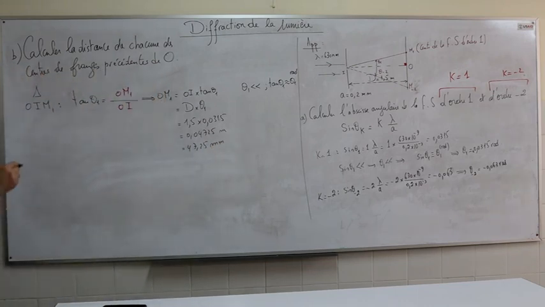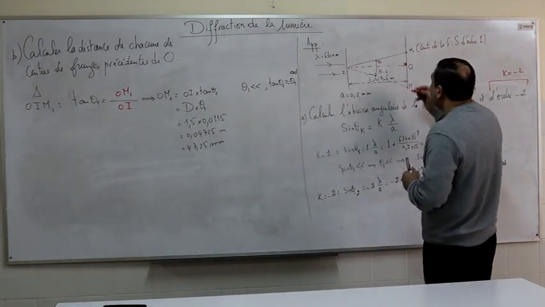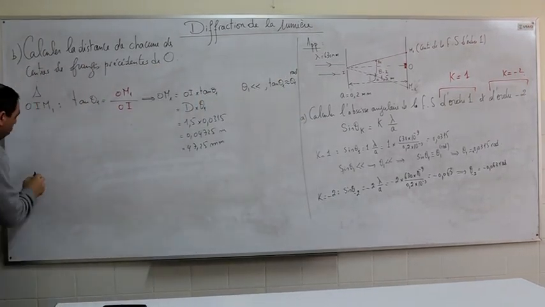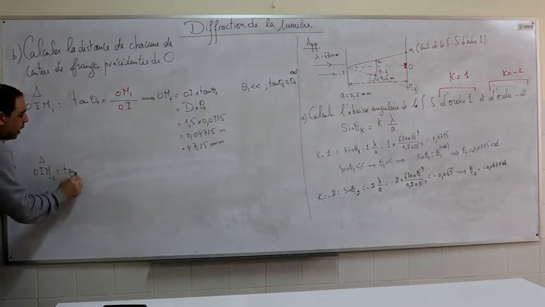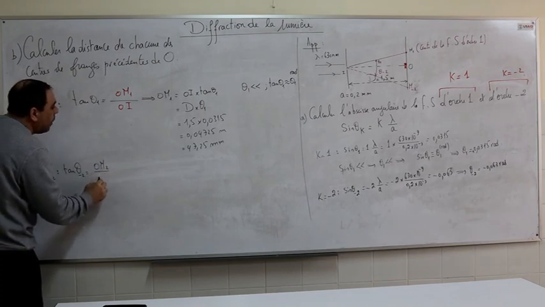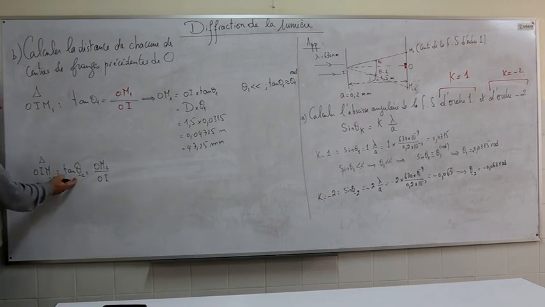Similarly, we can calculate OM negative 2 by using the triangle OIM negative 2. So in triangle OIM negative 2, we can write tangent theta negative 2 equals OM negative 2 over OI. But here the answer should be placed in an absolute value because we're finding a distance.